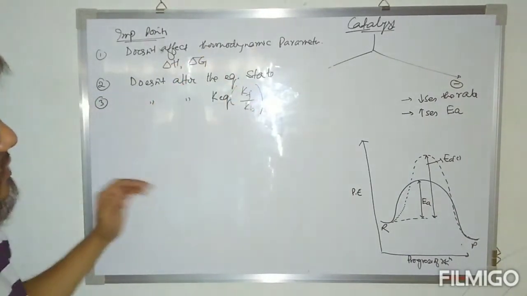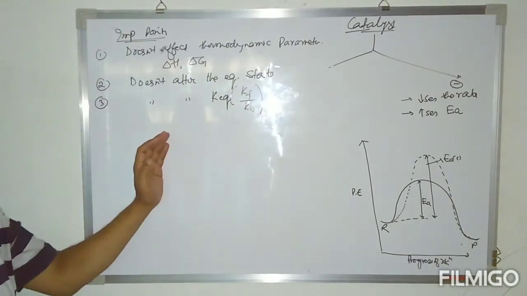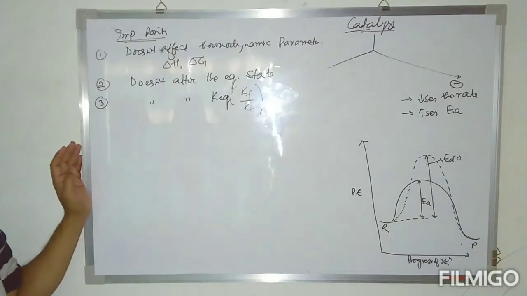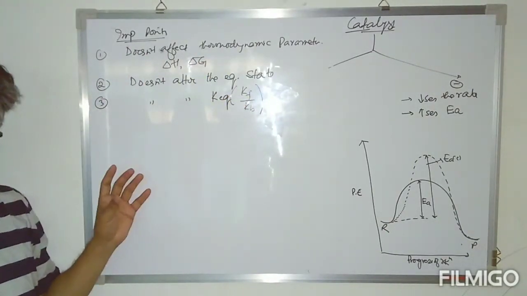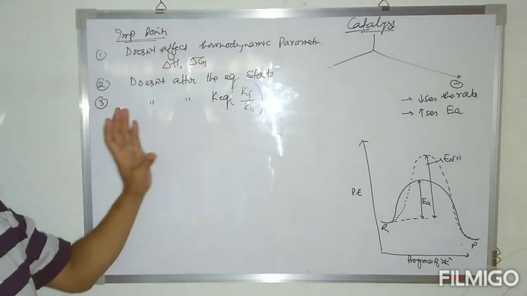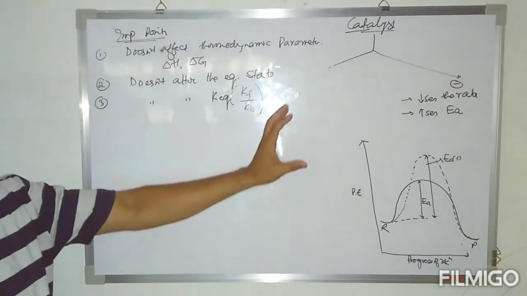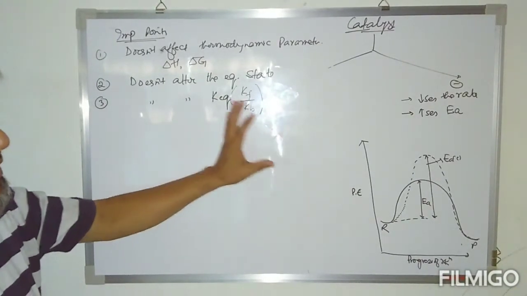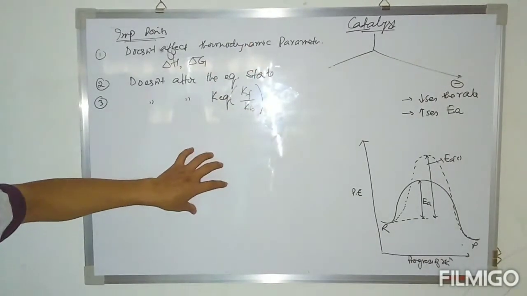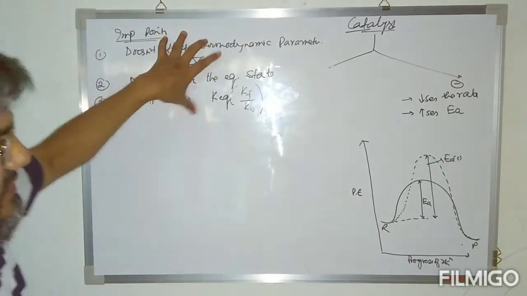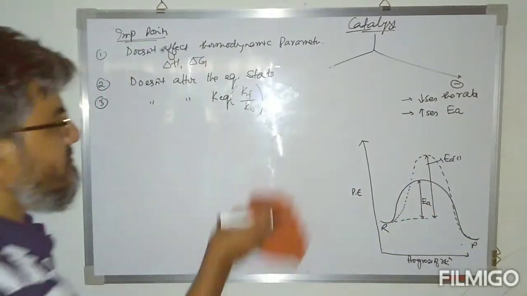And if the equilibrium state is not altered, that means the equilibrium amount of the reactant species will also not be altered by use of this catalyst. So the only thing this catalyst provides is an alternative pathway by which the activation energy of the reaction is changed. If the activation energy is changed, the rate of reaction also changes. So this is the catalyst, the important points of catalyst and how this catalyst changes this activation energy.